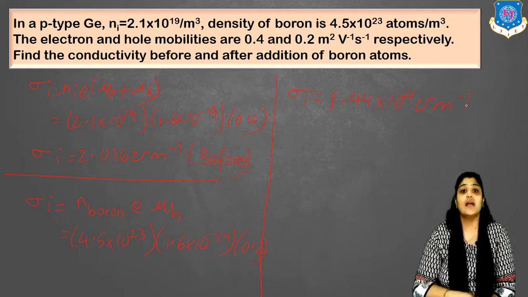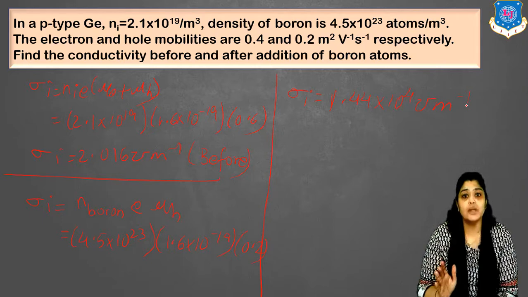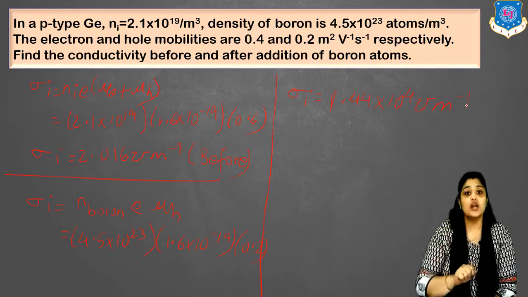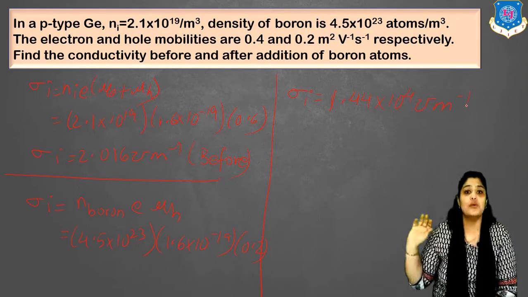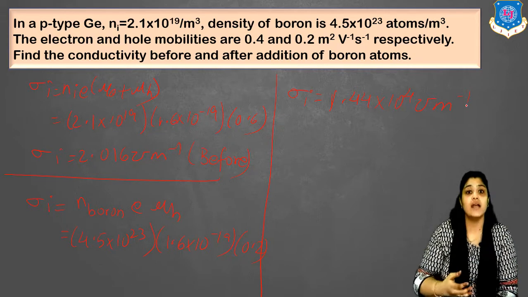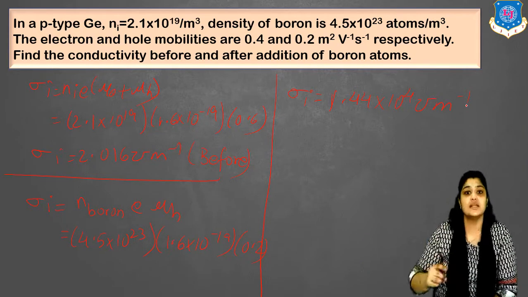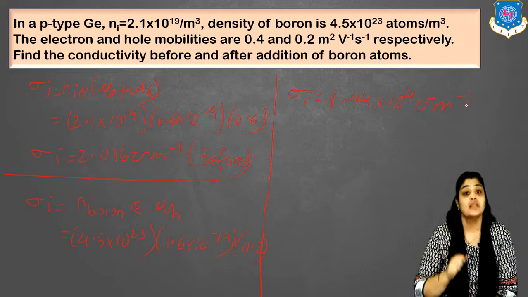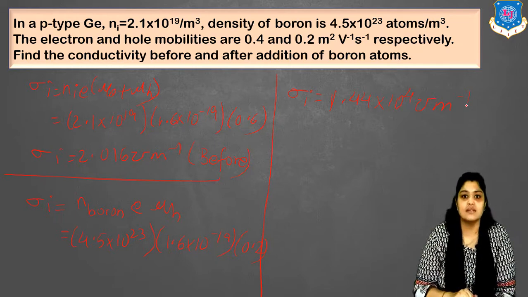Just compare the two values. Temperature is the same, room temperature. When boron is not added, conductivity is only 2.016. But if you add boron atoms, the conductivity has drastically increased. That is the reason we dope semiconductors.